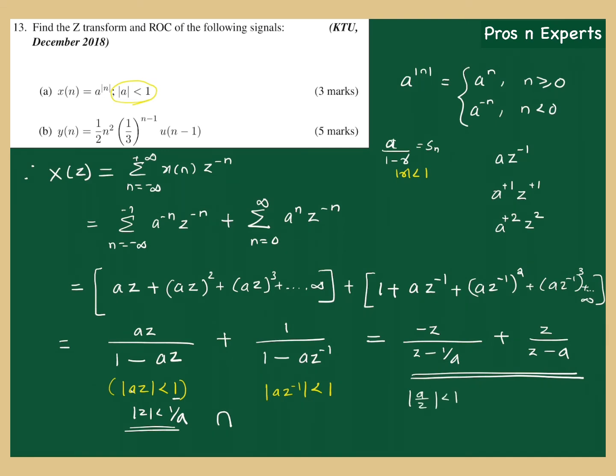That means mod a is less than mod z, or we can write mod z is greater than mod a. Therefore the ROC is between mod a and 1 by mod a, or I can write mod a less than mod z less than 1 by mod a.